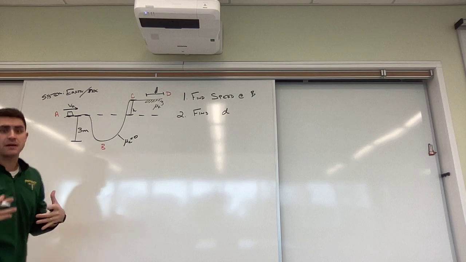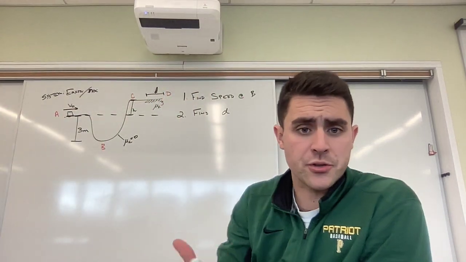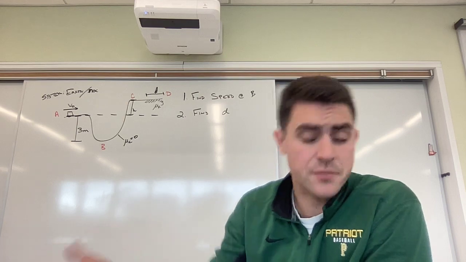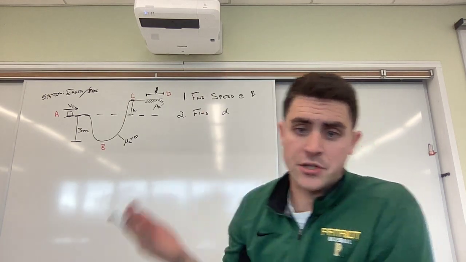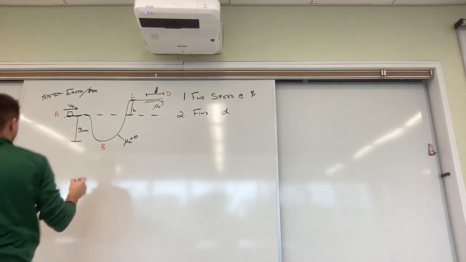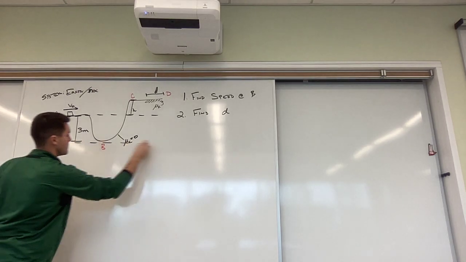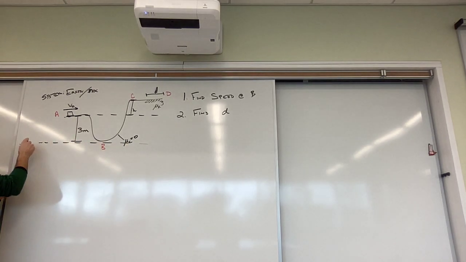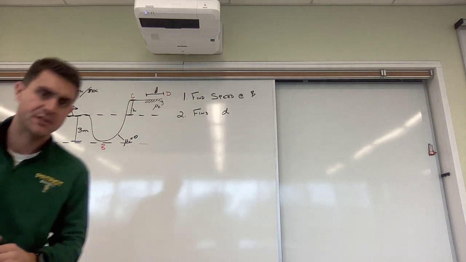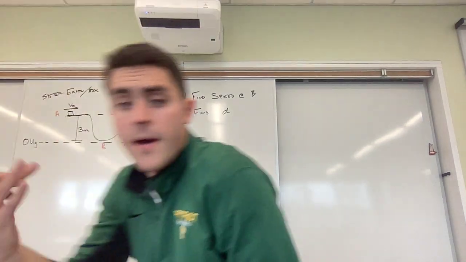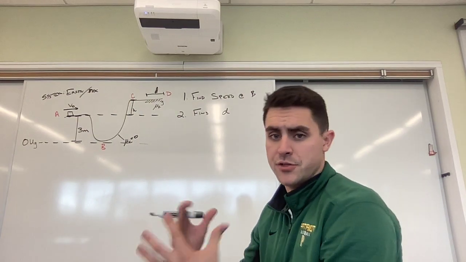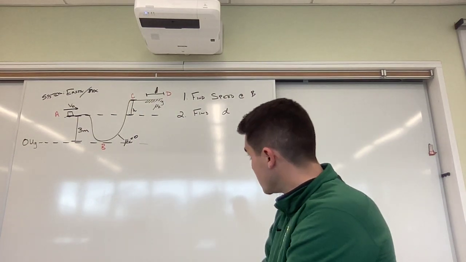Both of these are in my system, so I have available kinetic energy and potential energy between the lowest point in my system and where the object is. I'm going to call the bottom here 0 U_g. Since I'm near the surface of the Earth, I can discuss the changes in potential energy. So that's the plan.